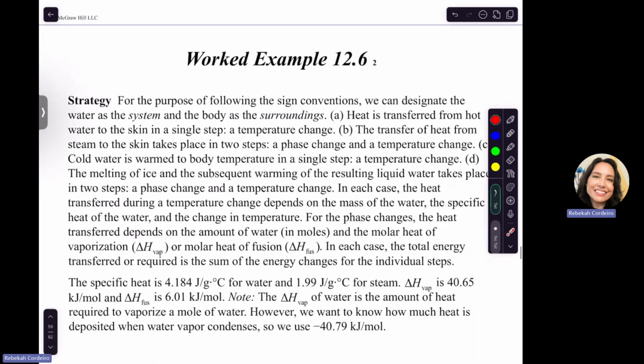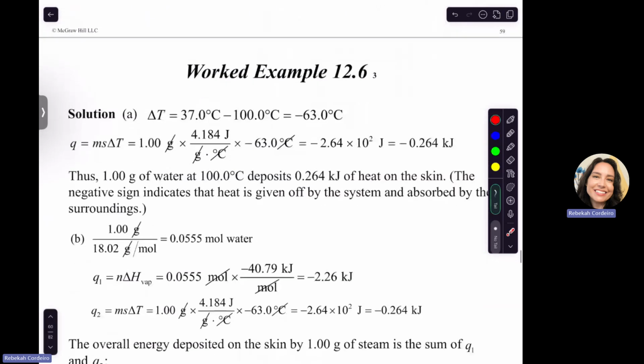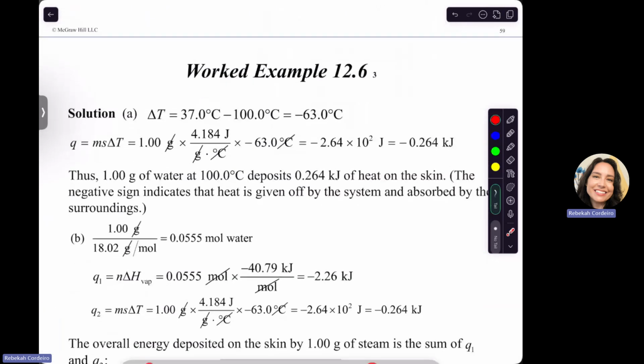Okay, so there's a whole bunch of strategy here, but basically I want to show you we can find each part. So the first part, you will have a change in temperature, and you would use mc delta T to find your Q for the first part. It's negative for this because we're decreasing in temperature, going from 100 down to 37.